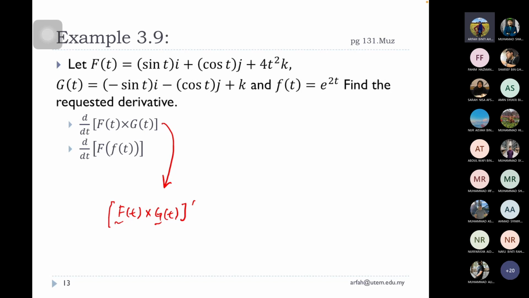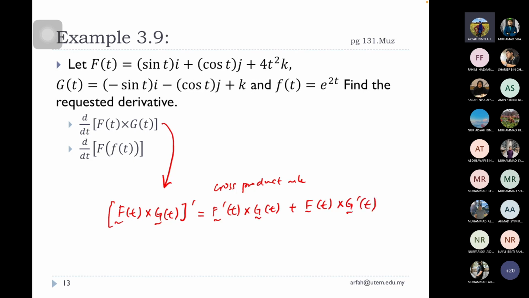So if we take a look into all the derivative rule, dia sebenarnya adalah cross product rule, nombor 5. So you have the cross product rule by which dia akan sama dengan f prime t having the cross product with vector g, okay, plus vector f having the cross product with the derivative of vector g.